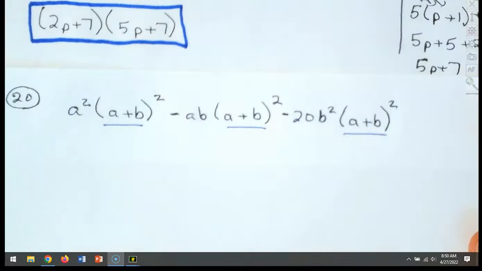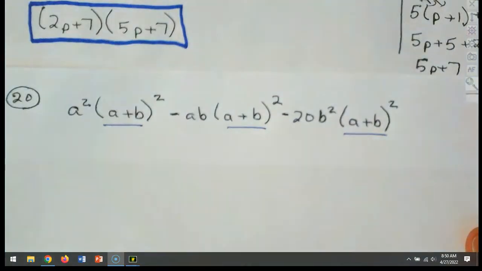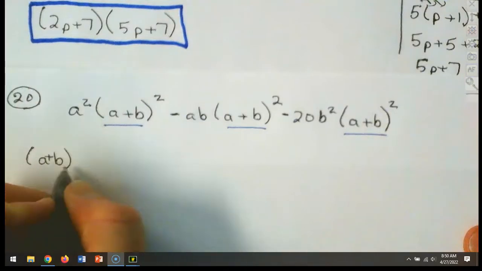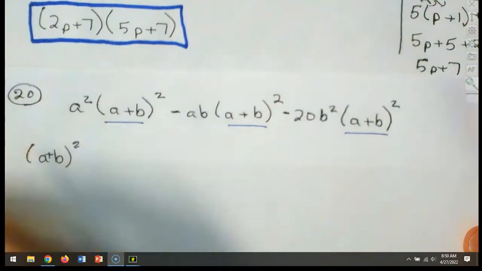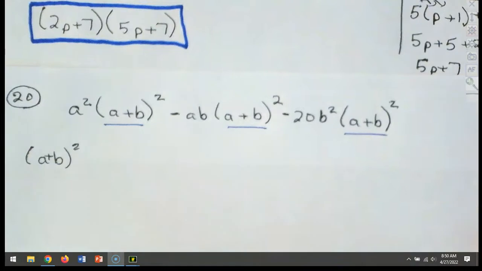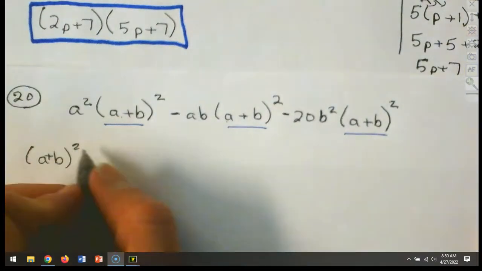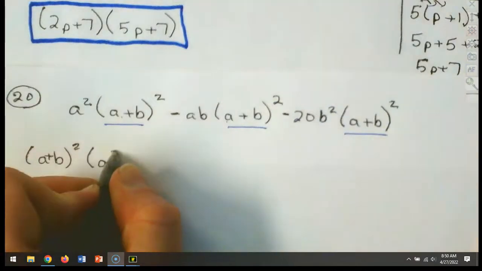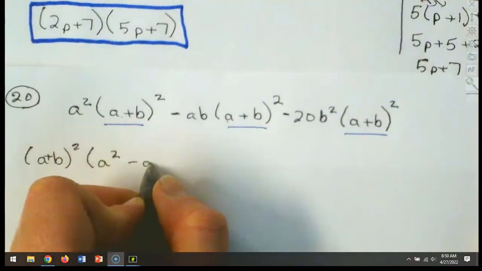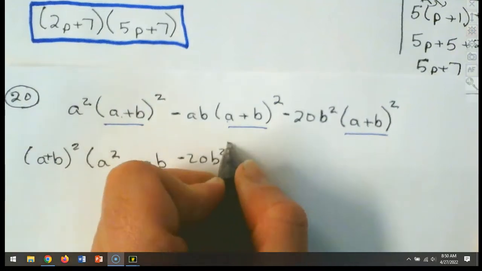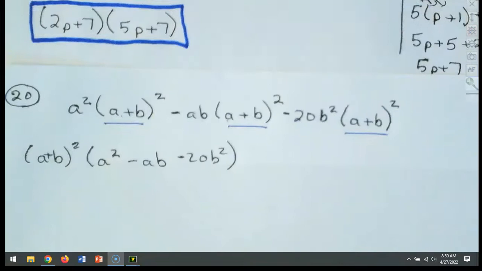All of these, in this case, have (a plus b) quantity squared. So that's going to come out because it's in all of them. Now, what's going to be left over? Well, what's left over is a squared minus ab minus 20 b squared.